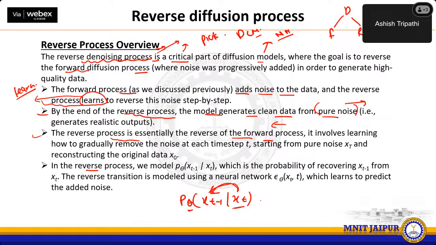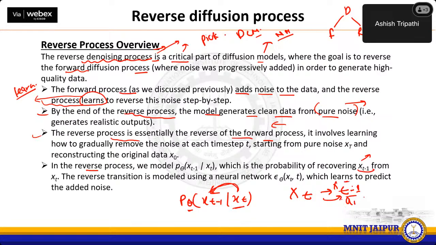So you can say that we need to find the probability for recovering x of t minus 1. I need to go from x of t to x of t minus 1, and for this we need to know the quantity of noise, that is alpha 1 or beta 1 or whatever it is, that we have added in this step.